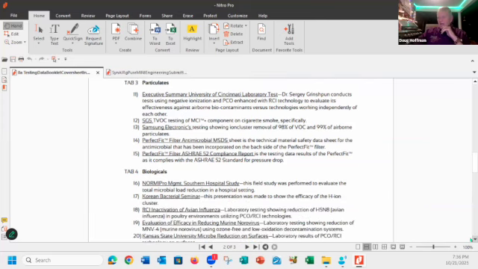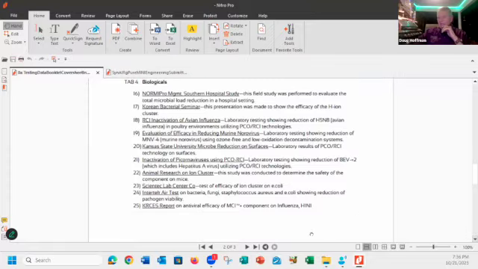But then you come down here to biologicals, and you've got a Korean bacterial seminar test. There's just all kinds of stuff in here from Korea and from Asia on testing on the MCI. There's antiviral efficacy, MCI, influenza, and H1N1. A lot of cool stuff here.